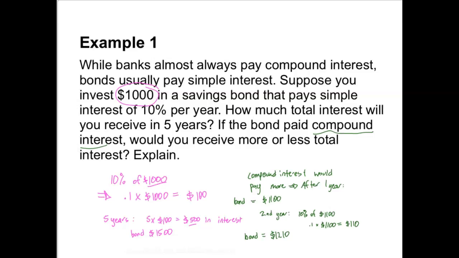If we were allowed compound interest, we'd be earning more each year, because you'd be earning interest on your interest. So I'm not going to calculate all 5 years. I'll just say and so on. All right, so compound interest, you earn interest on interest. Simple interest, you only earn interest on the original principal.